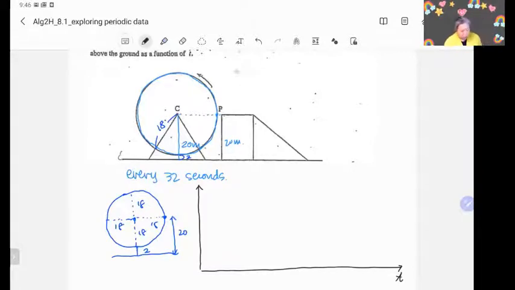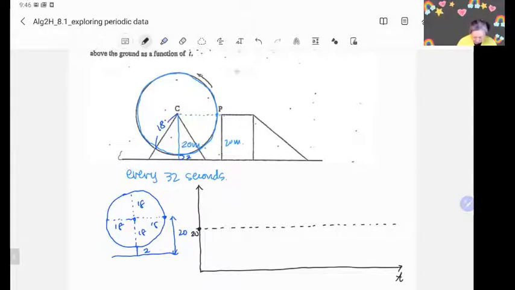Then where should we put the midline position? The midline position should be in the middle. How high is that midline? This will be 20 there, right?